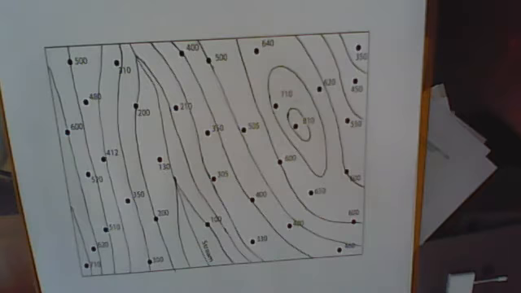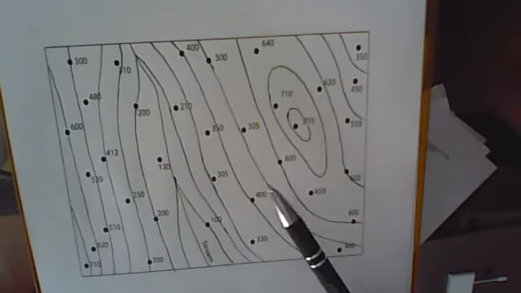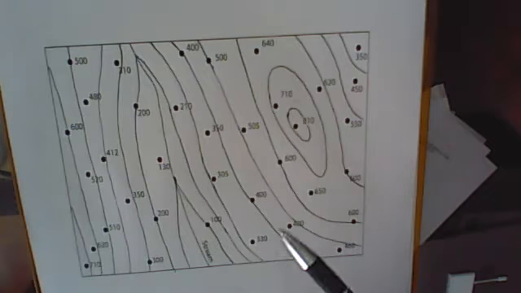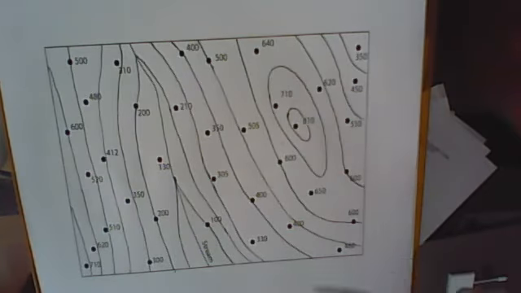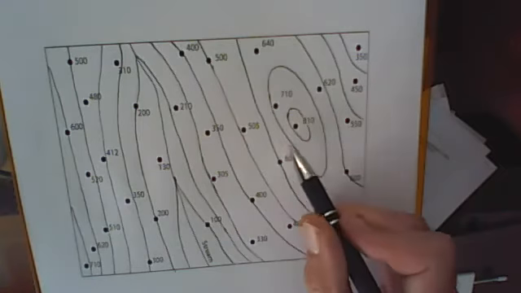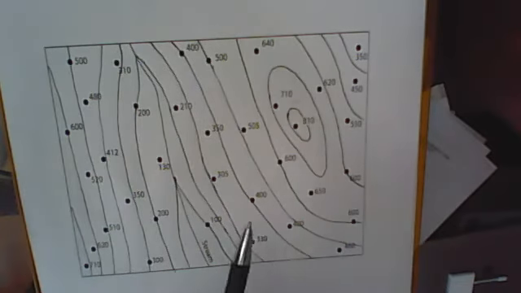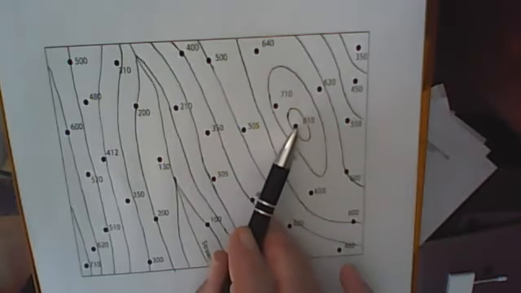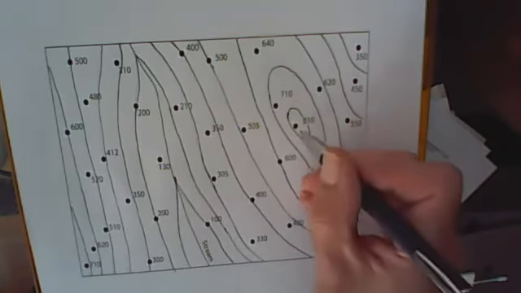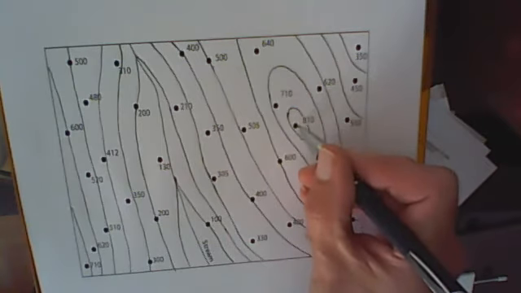Now, a couple of important points for understanding how topo lines work is, here's a hill. And when you go up to the top of the hill and down the other side, the contour lines have to repeat. So here's 600, 700, 800, reach the top of the hill, which is a little over 800.